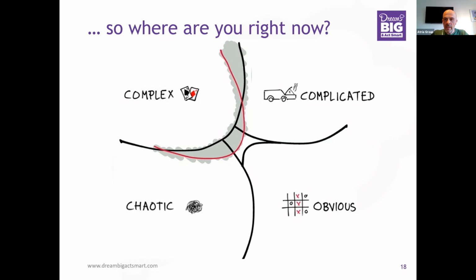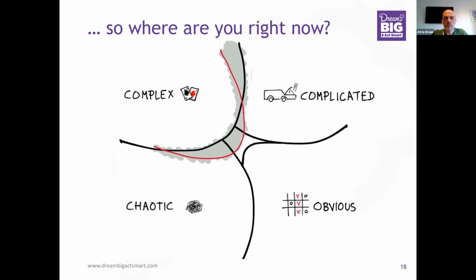In the complex domain, what we need is to probe, to test, and then, based on this testing, to make a conclusion, because the connection between cause and effect is visible only after we create the experience. And this is why the directive style is very good to just do something, test it, create the experience, and then combine it with coaching.